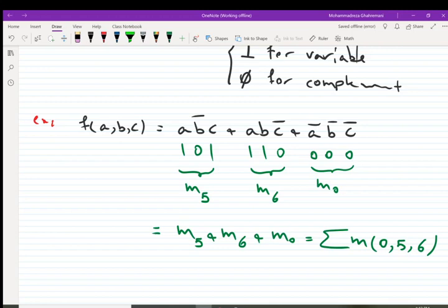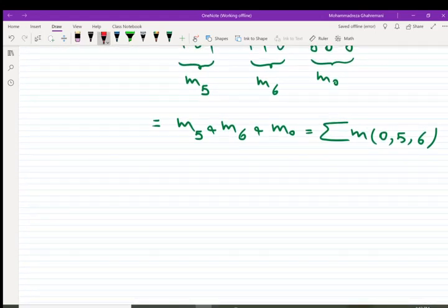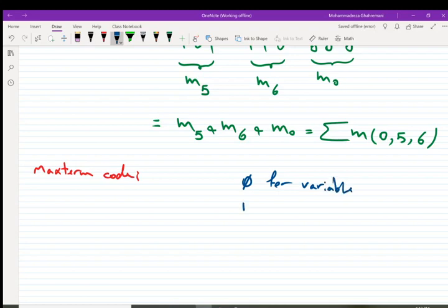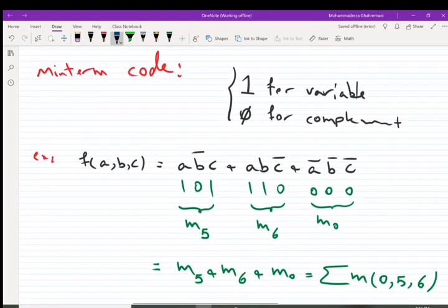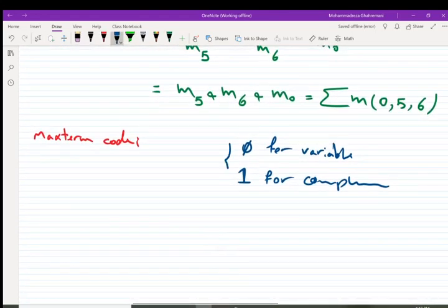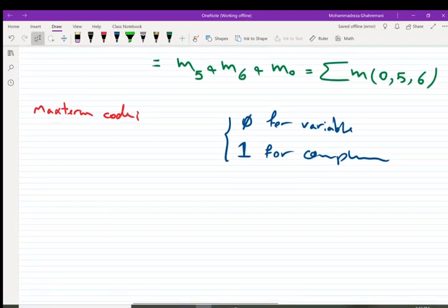Now, maxterm code. Maxterm code is the opposite of minterm code. Okay, again, a simple rule. This time, 0 for variable and 1 for complement. It's the opposite of minterm. Let's see.